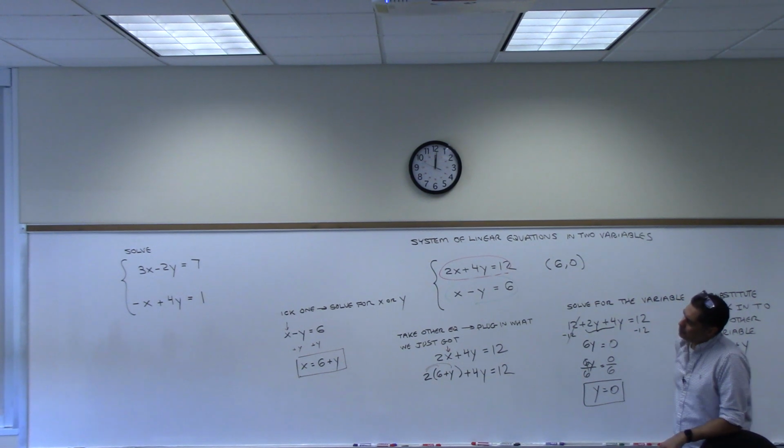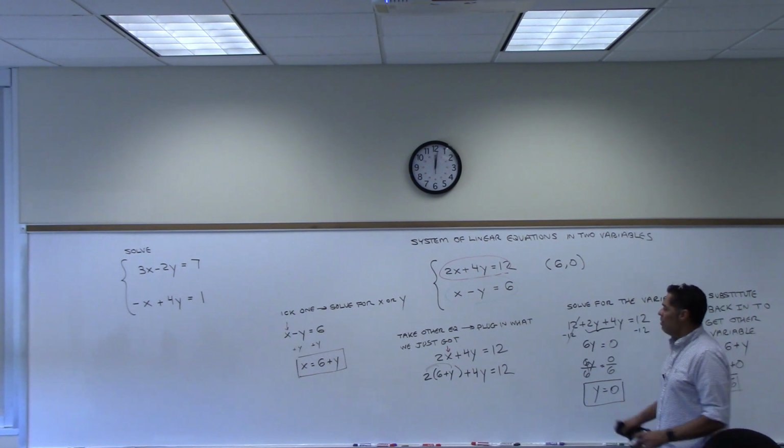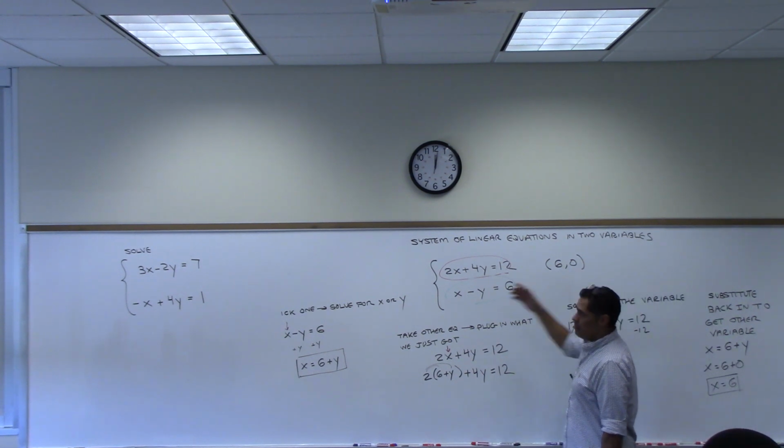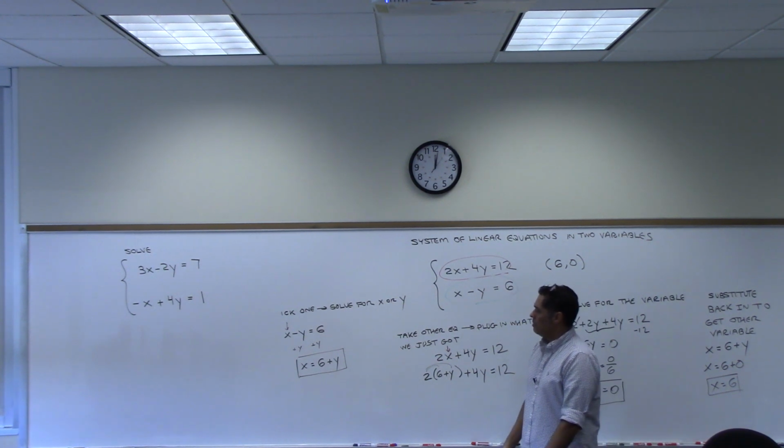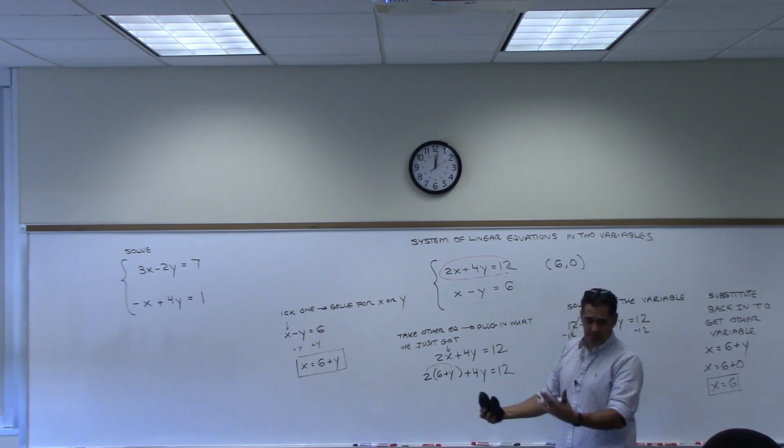Okay. I would like to know the x and the y that make both of those equations true at the same time. So first step, we're going to do substitution.